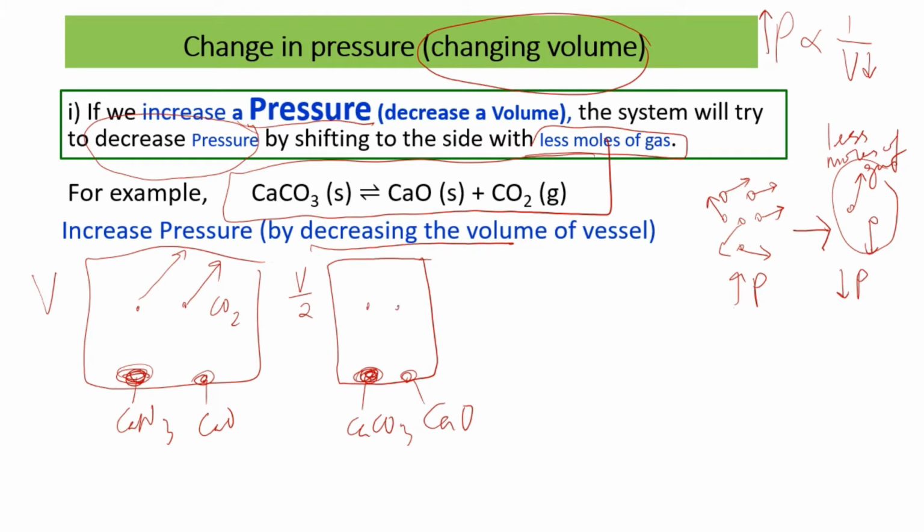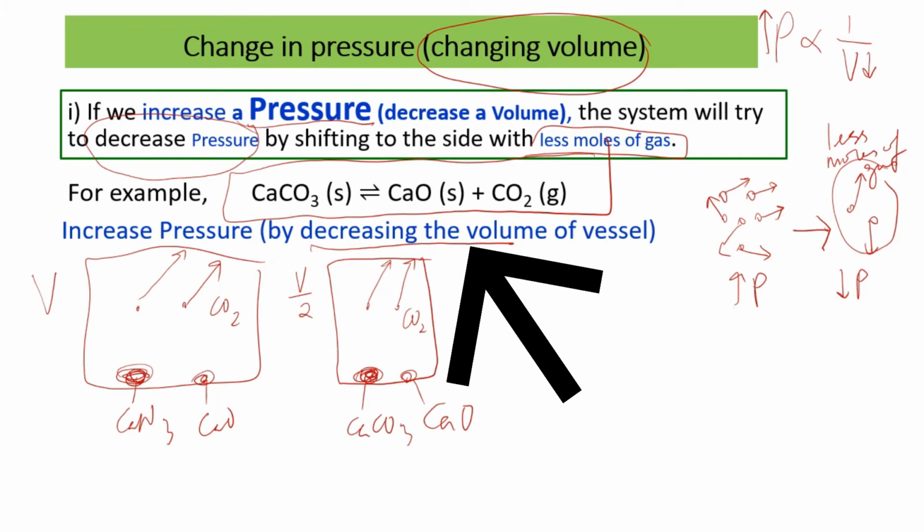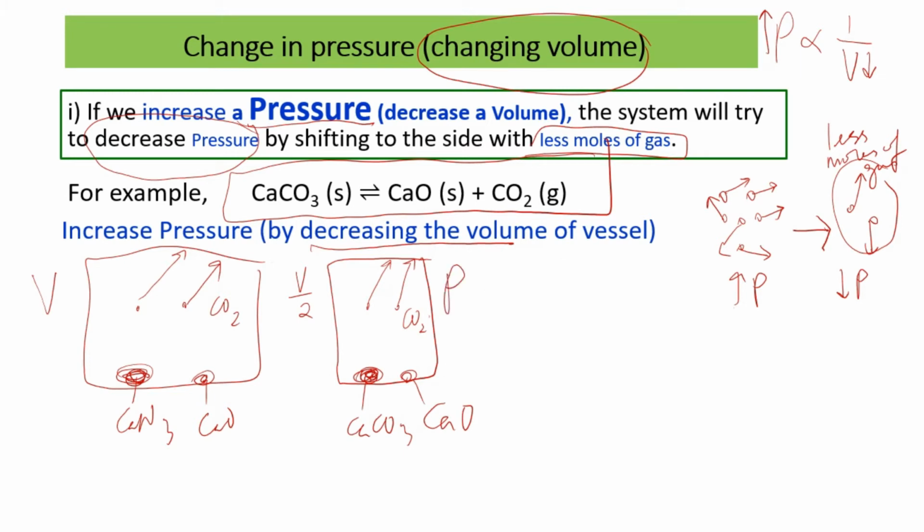What happened to the equilibrium now? Will it disturb the equilibrium? When you decrease a volume, what happened to the pressure? The pressure of the gas inside the container will increase because they have a smaller space to move around, so they will knock the wall more frequently.